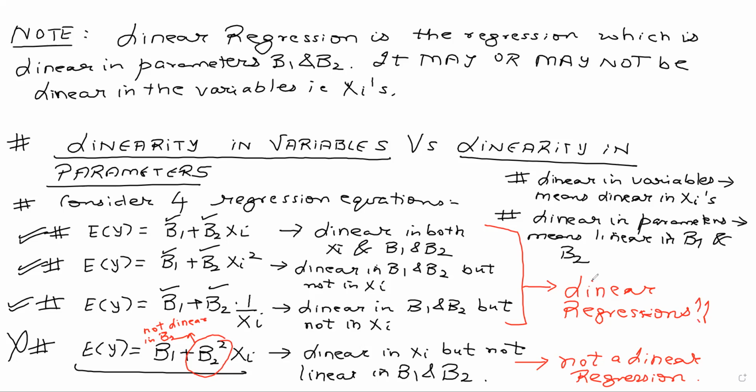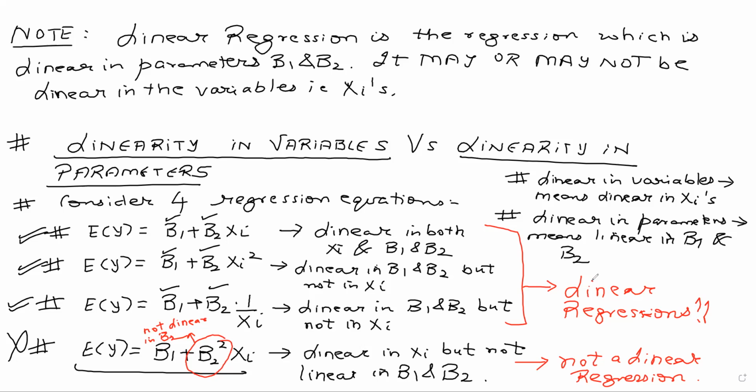And then we have looked at the sample residual EI, which is used to estimate the population disturbance variable UI. Then we looked at the concept of linearity in variables versus linearity in parameters. And what we have learned is that when we talk about linear regression, it must be linear in parameters, B1 and B2. It may or it may not be linear in the variables, xi's.